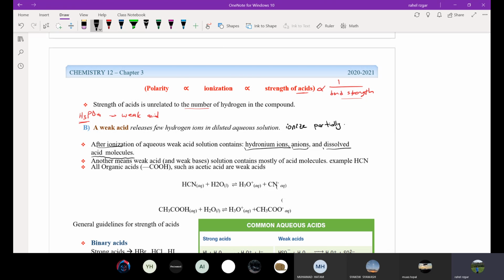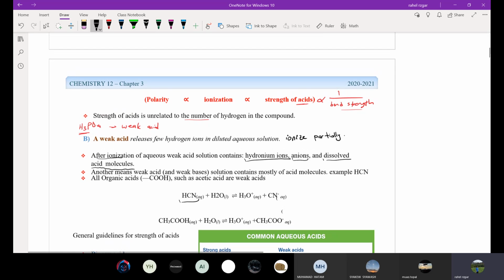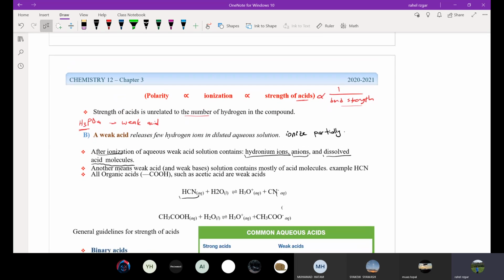It will dissolve in the water, but it only cannot become ions. For example, HCN is a weak acid. It's a very weak acid.